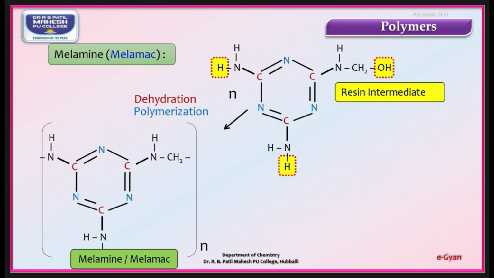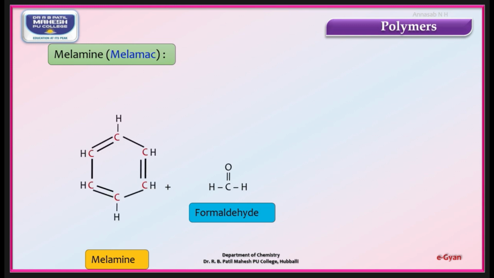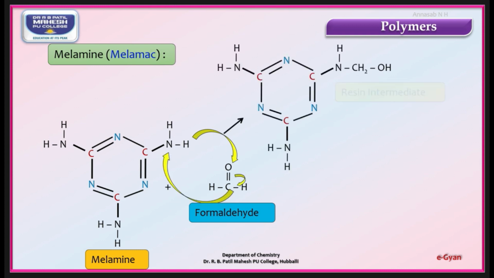We learn this once again. Formaldehyde and a benzene ring: 1, 2, 3, 4, 5, 6 carbon atoms, and there are 6 hydrogen atoms. Remove 3 adjacent carbon atoms and all the hydrogen atoms. Place 3 nitrogen atoms as ring members. To the carbon atoms which are present, we place NH2 groups. That reacts with formaldehyde, with removal of a water molecule, a process known as dehydration, and forms an intermediate component, the resin intermediate.